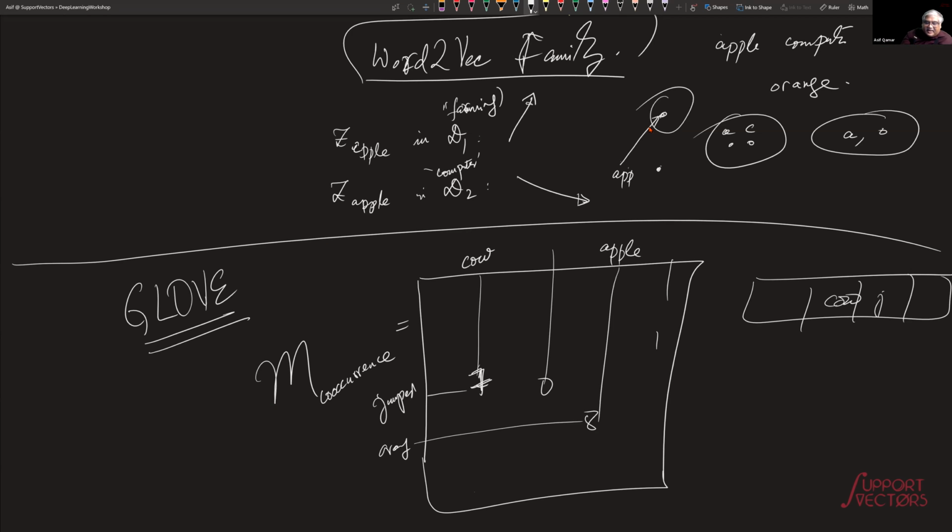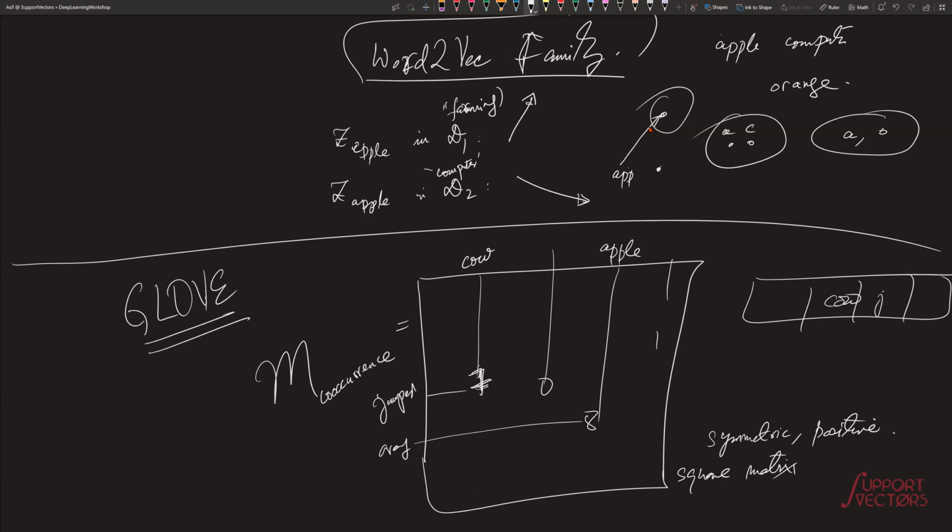Just slide over your entire corpus, and every time 2 words show up in the same window, increment the count at the intersection of those 2 words. This square matrix will be symmetric and positive, of course. So the cow and jumped value, and the jumped and cow value, would be the same. Do you agree with that? It's a very simple statement. It's just a co-occurrence matrix.